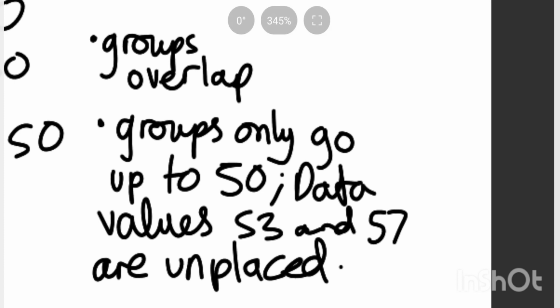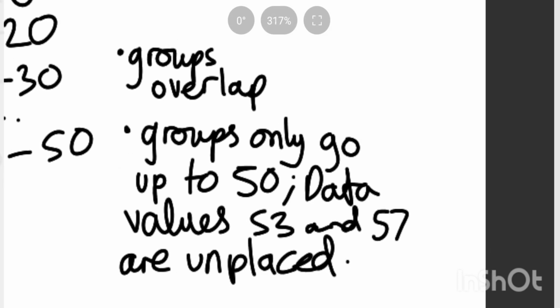So those are the 2 criticisms: groups overlap, and groups only go up to 50.